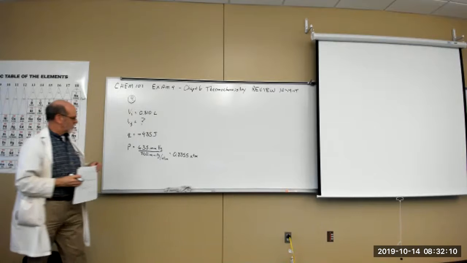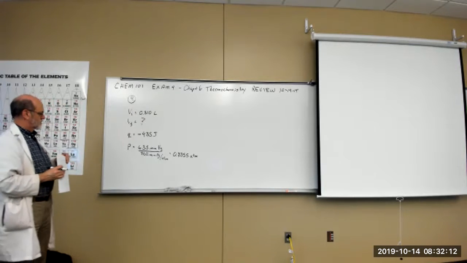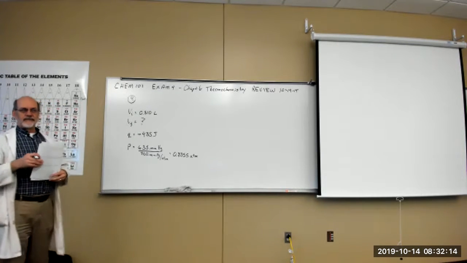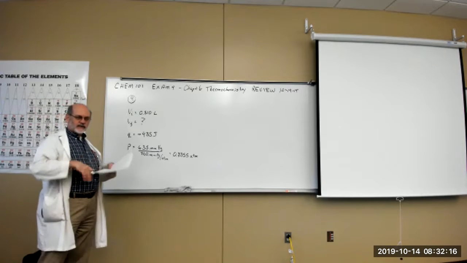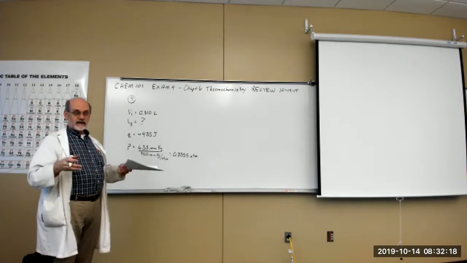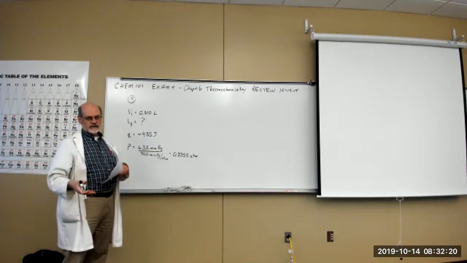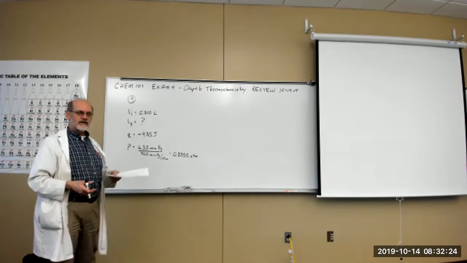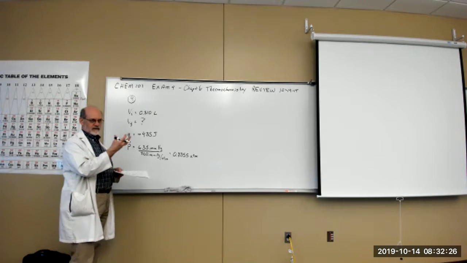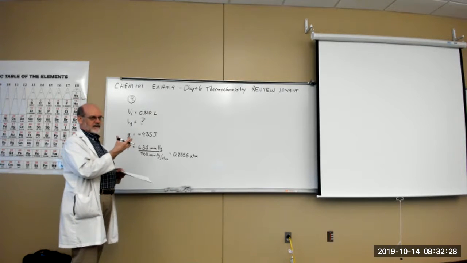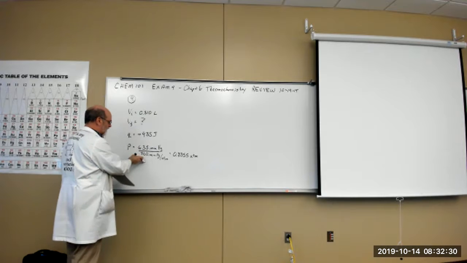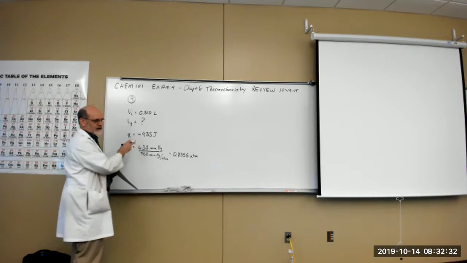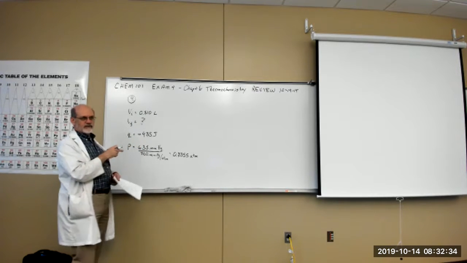Why do I have to do that? Because with this gas, when it expands, we're going to be measuring things in terms of liters and atmospheres, not in terms of joules. So if we're going to do a calculation of work by that gas, then this has to be in atmospheres and this has to be in liter atmospheres.